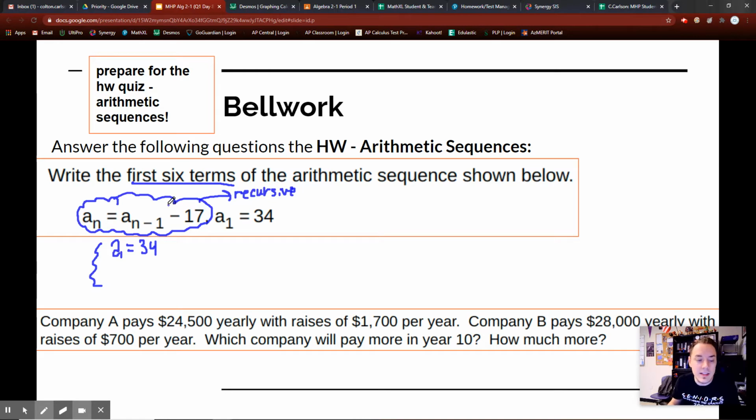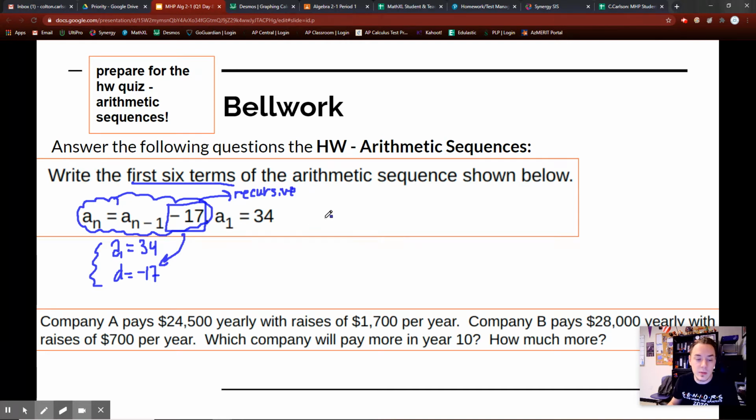Why? Because this number right here, this negative 17, is actually our common difference. So I'm going to write that down and say that's my common difference, negative 17. So a sub 1 equals 34, d equals negative 17. We have our two variables that we need in order to complete the first six terms.